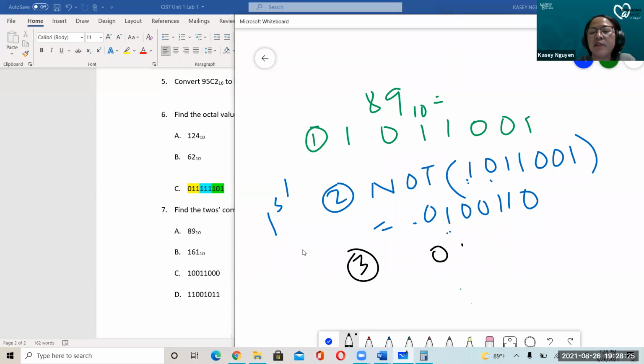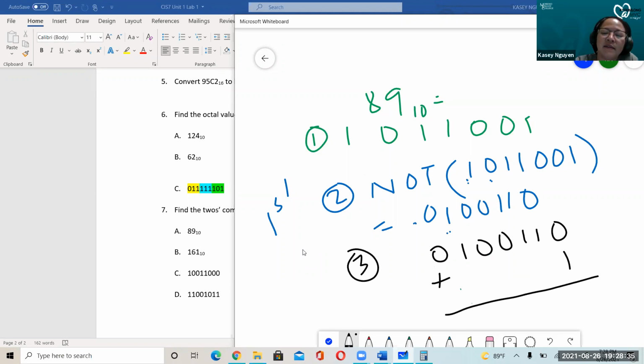So 0, 1, 0, 0, 1, 1, 0. We are going to add it with the 1. And simply, 0 plus 1 is going to give me a 1, 1, 1.